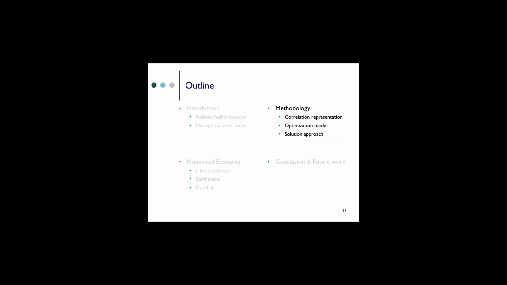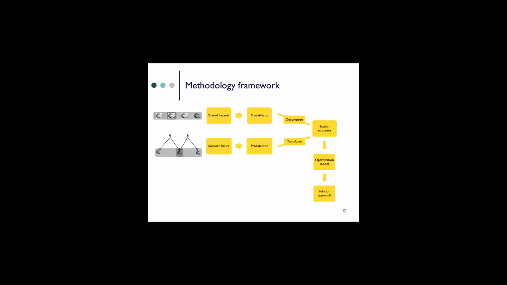Now I will introduce the methodologies we developed to handle these challenges. This slide shows the overall framework of our methodology. Given the correlation of either the shared hazard pattern or the support failure pattern, we first represent it in a probabilistic representation.